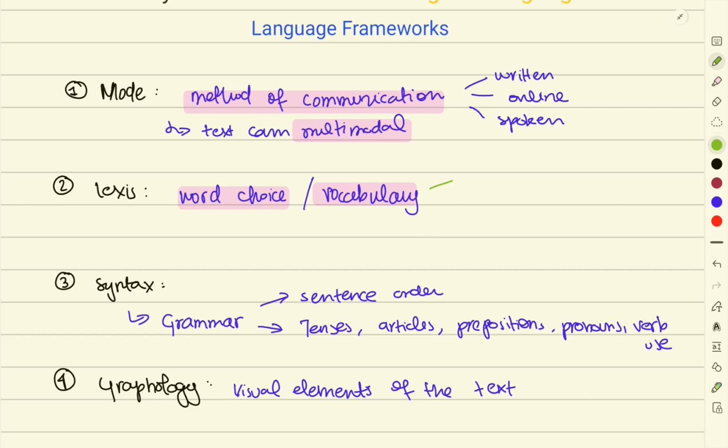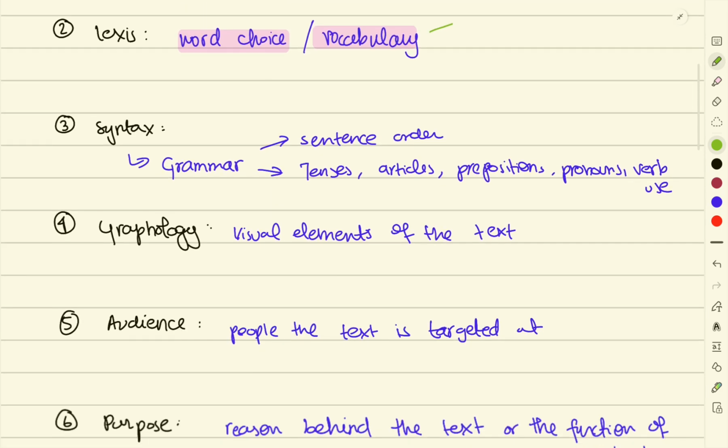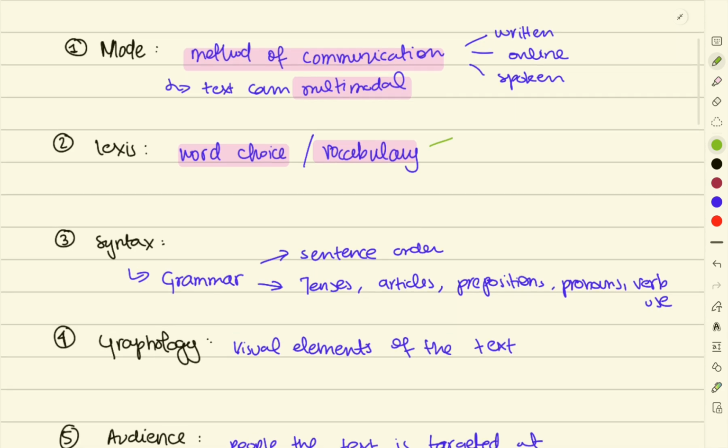So I would suggest that you choose 5 or 6 points that you're going to discuss in lexis or syntax or even other language frameworks, and just stick to them. So the first one that I would do is positive and negative lexis.